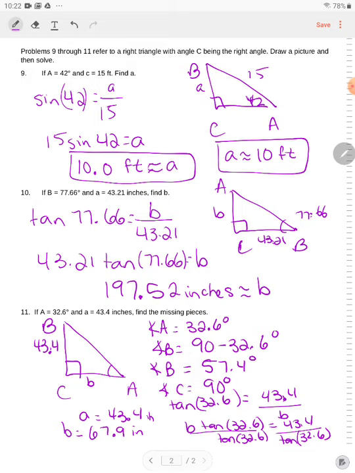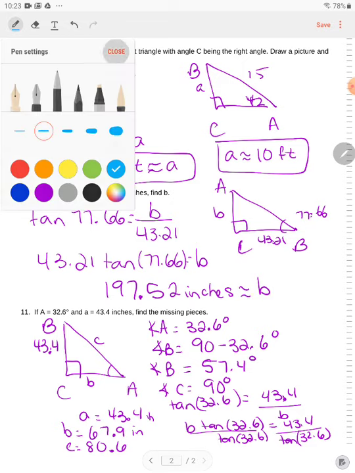Now C, we can either do Pythagorean theorem or use a trig function. If I do the Pythagorean theorem, I get 80.6. So C is equal to 80.6. Now C is here. Let me do this in another color so we can see it.